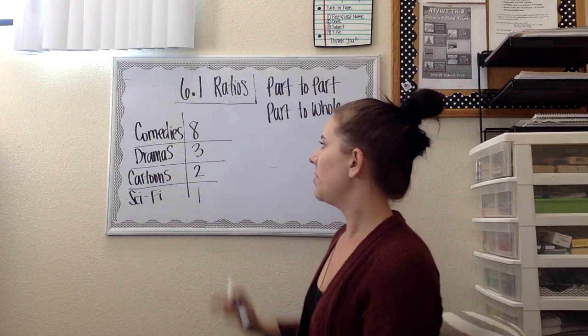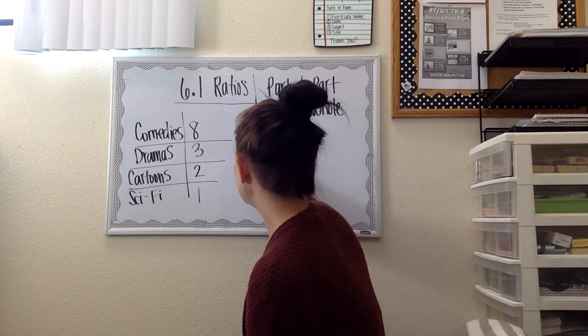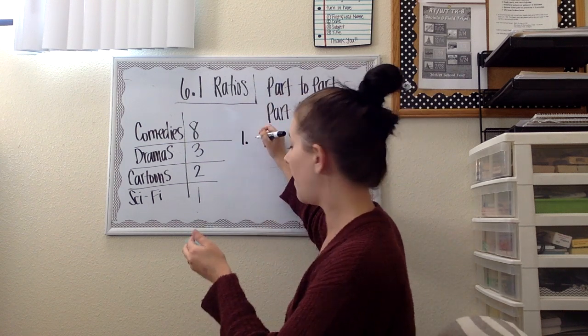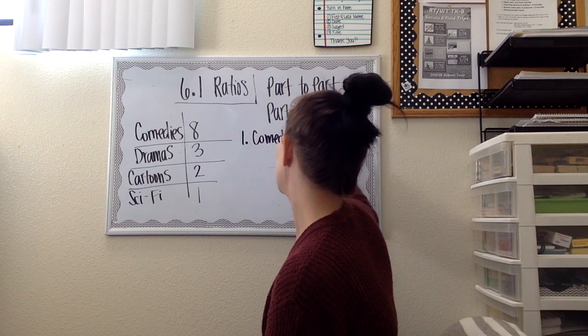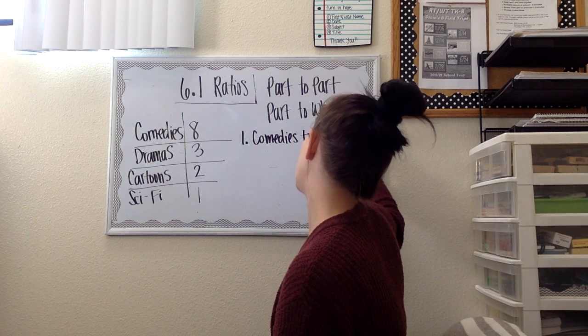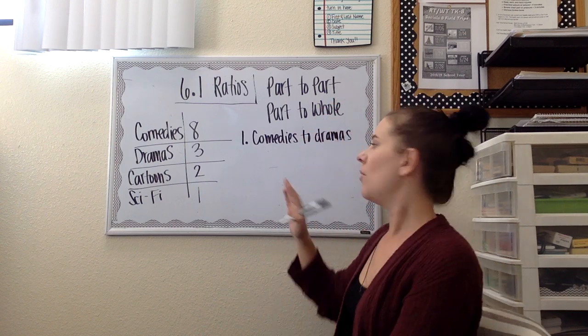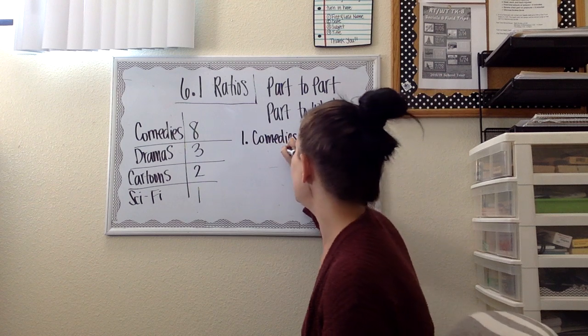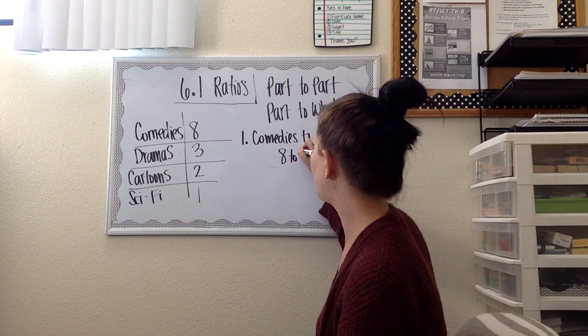Okay, so these are our terms that we're going to work with. And then you're going to have a question that tells you to compare comedies to dramas. And like I said, order is everything. So we take the number of comedies, 8, and we compare it to the number of dramas, 3.